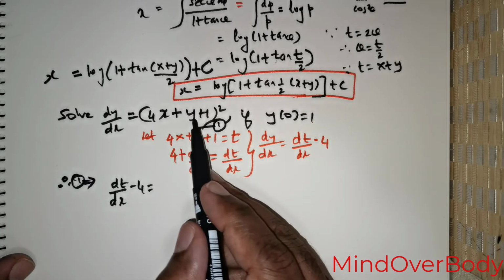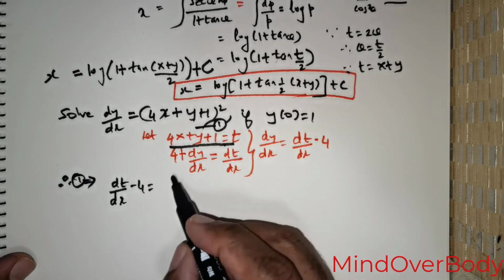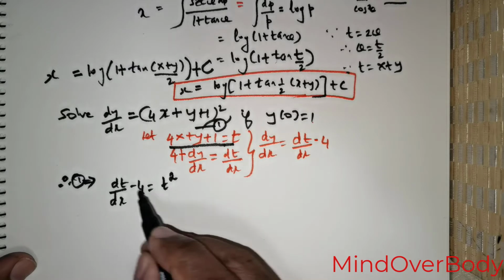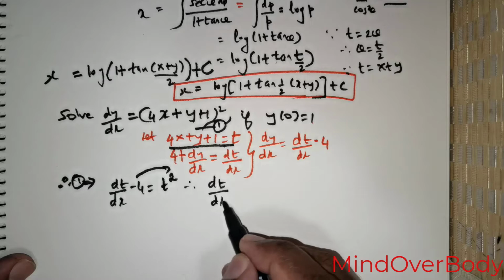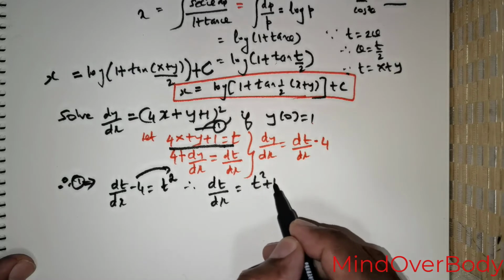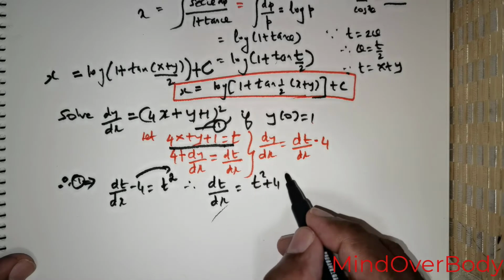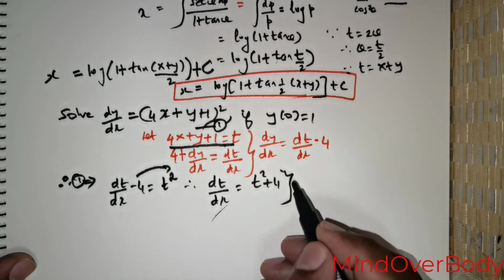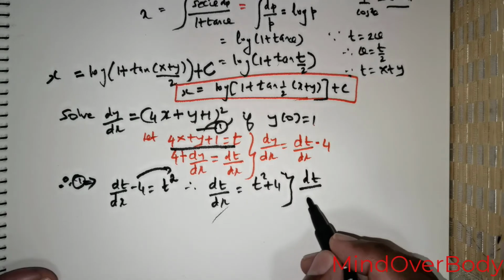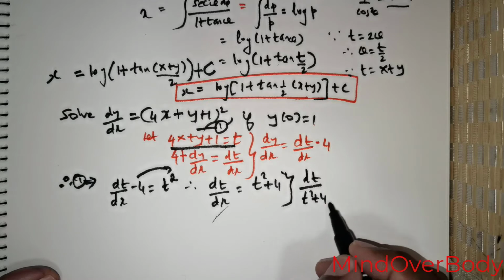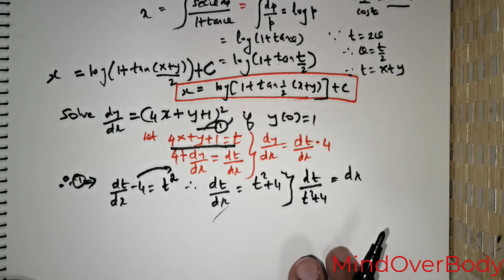In place of 4x positive y positive 1, I substitute t squared. So I push this 4 to the other side. So I get dt over dx is equal to t squared positive 4. I move this t squared positive 4 down. So this is dt over t squared positive 4 is equal to dx.